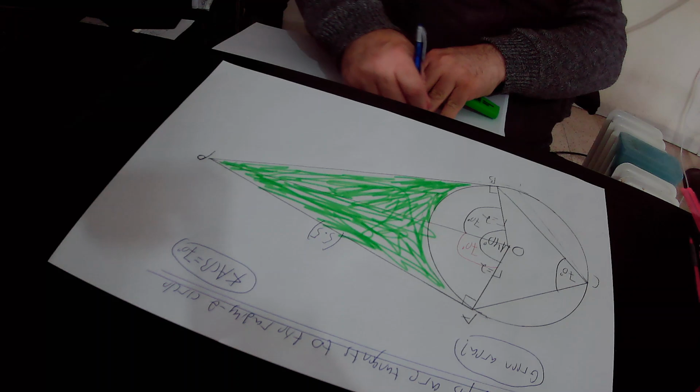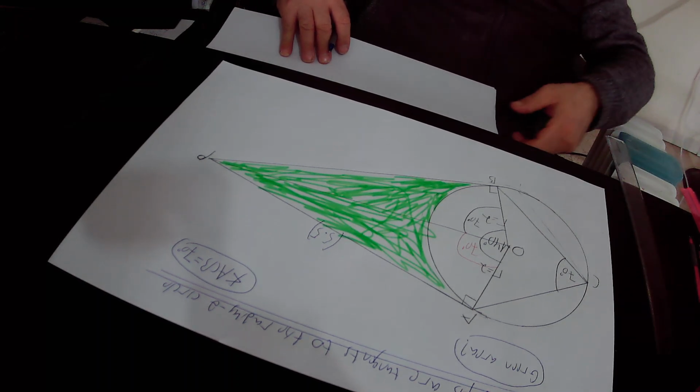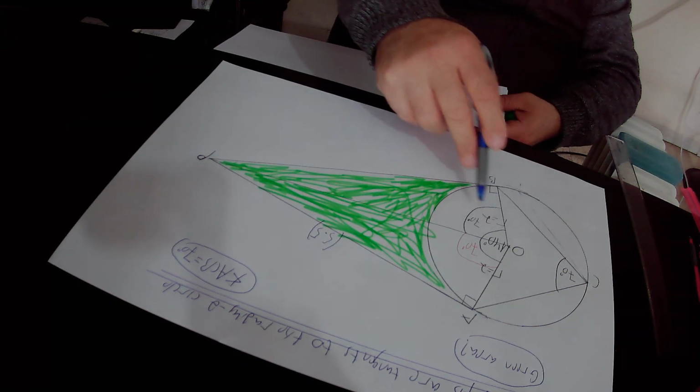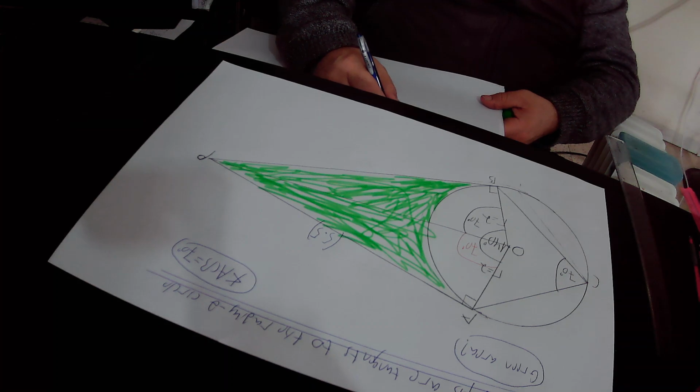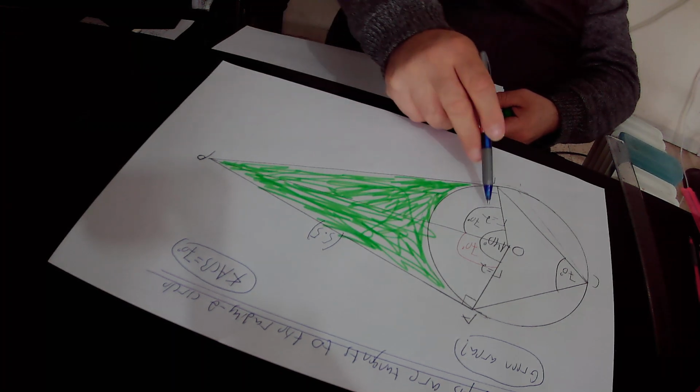From the drawing it is very easy to see that the area of the green shape equals the area of the right triangle AOP plus the area of the right triangle BOP.